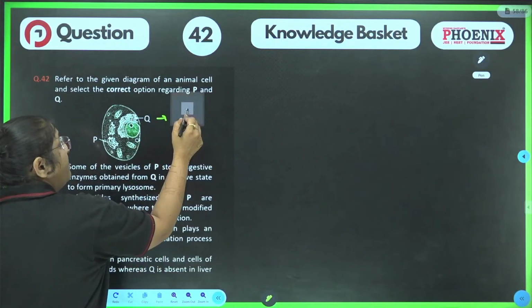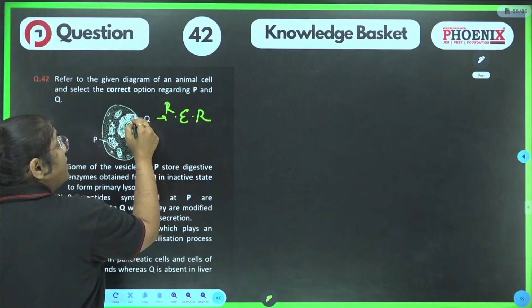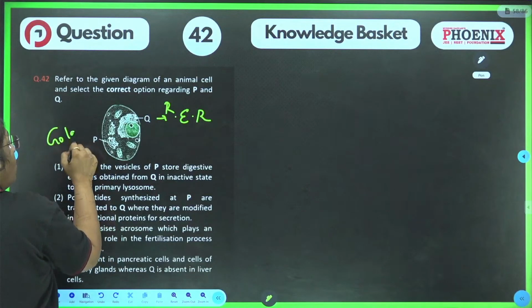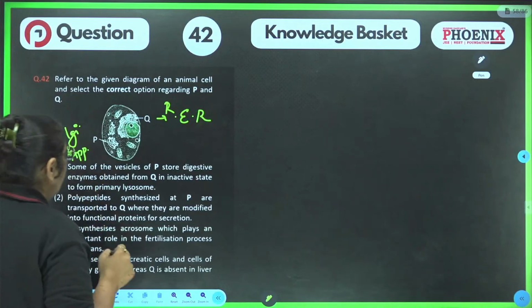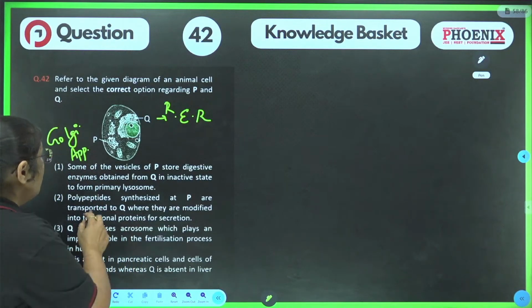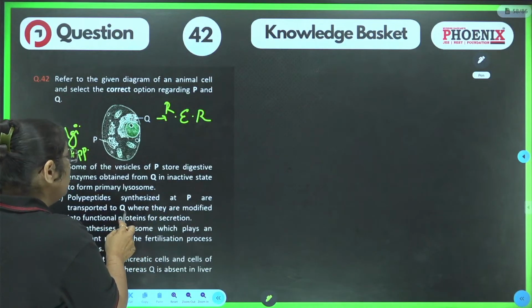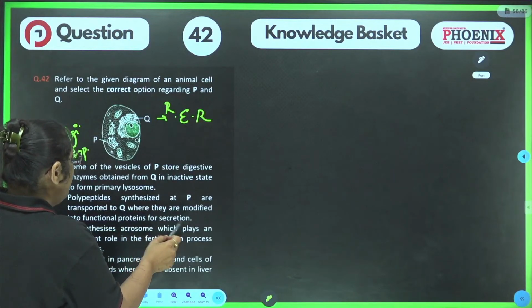It is the endoplasmic reticulum, that too rough endoplasmic reticulum, and P is the Golgi apparatus. Polypeptides synthesized at P are transported to Q, where they are modified into functional protein for secretion.